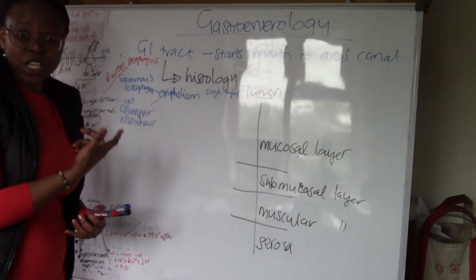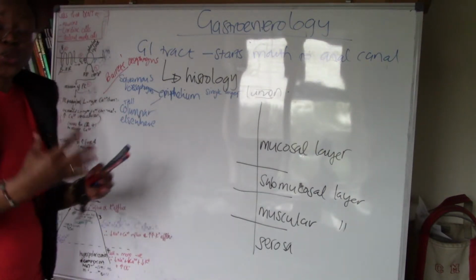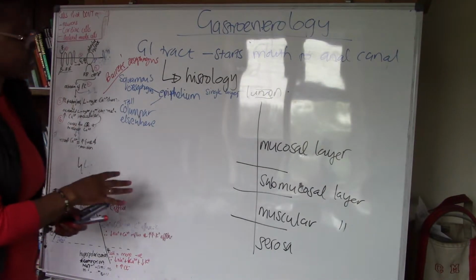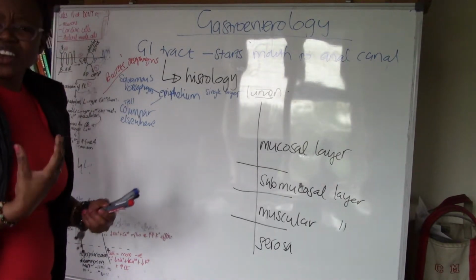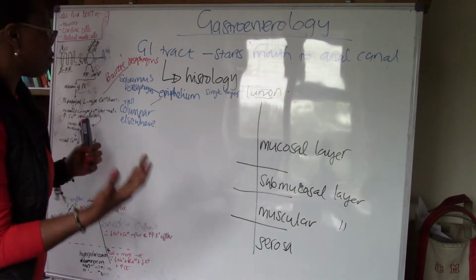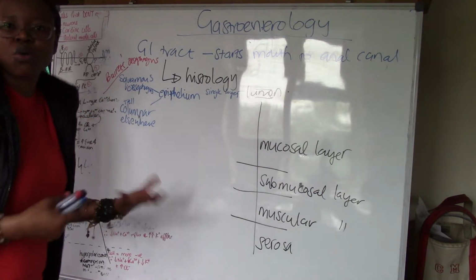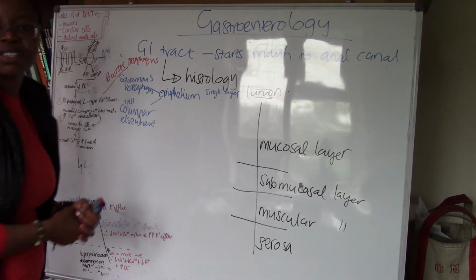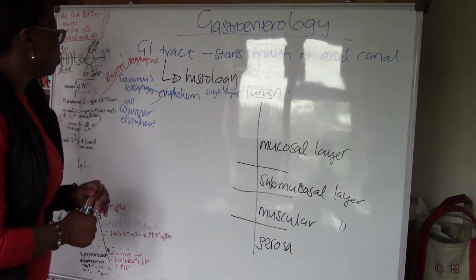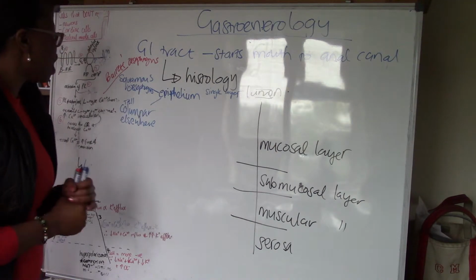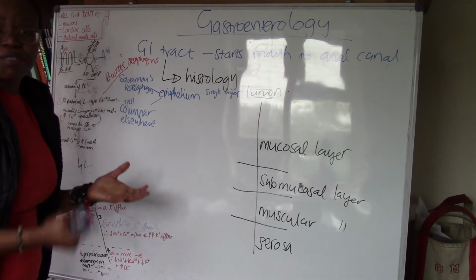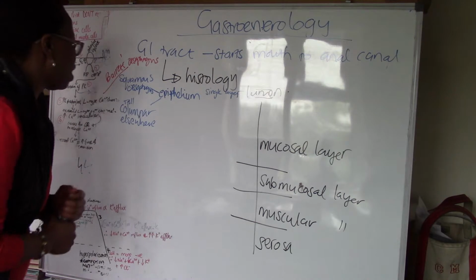regurgitating back into the esophagus through the lower esophageal sphincter, which is not a very effective sphincter for various reasons. It leads to a common condition that we describe as heartburn, which is gastroesophageal reflux disease or disorder.